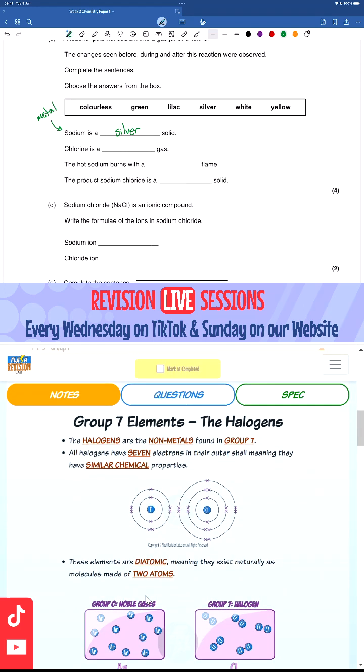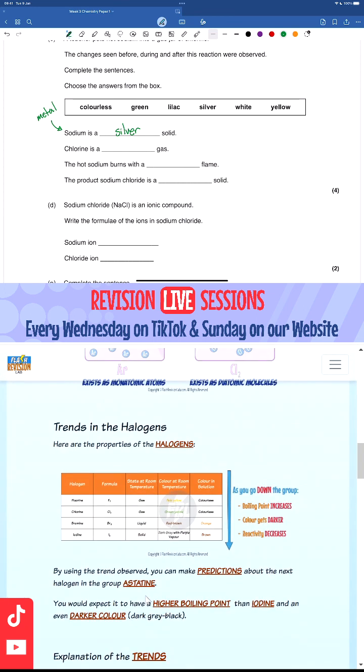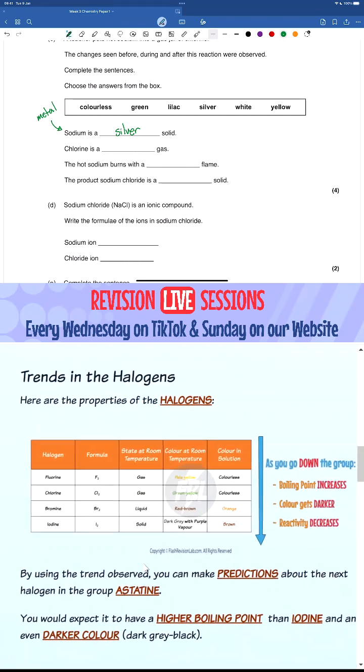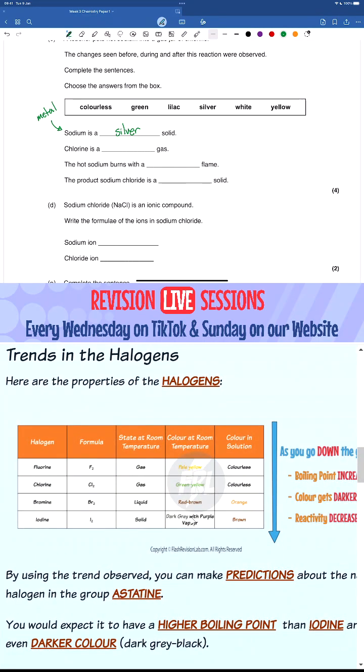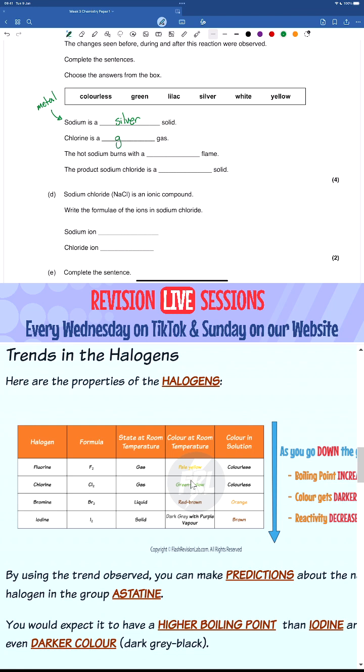No, it's not white. Yes, it is green. You need to know the colors of the halogens. We've got the colors here. You can see chlorine is green, greeny yellow here. That's green.